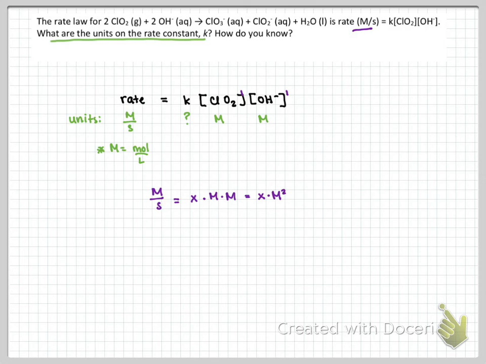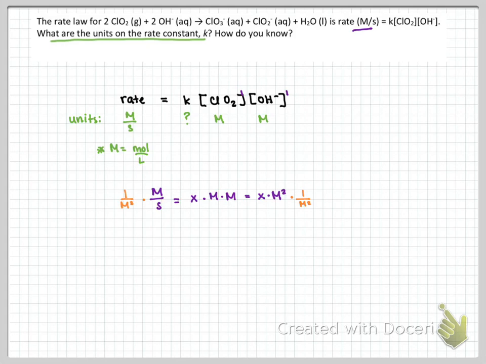So we know that molarity per second has to equal some unit x, which is the units for the rate constant, times molarity from our equation above. Or we can rewrite the right-hand side as x times molarity squared, because we can combine those two molarities. How are we going to solve for x and get x by itself?